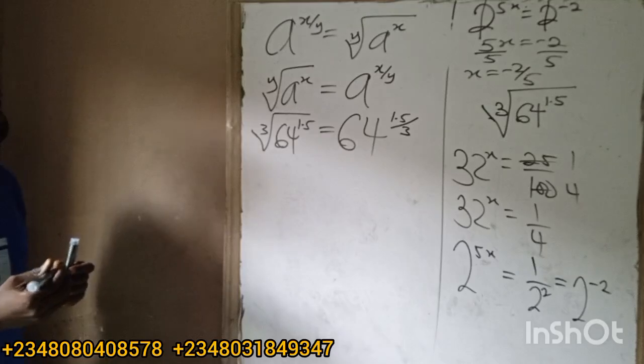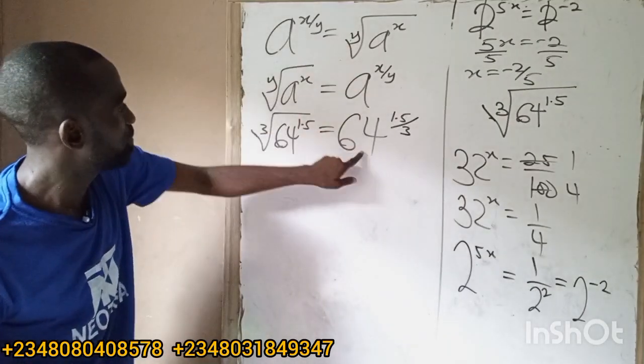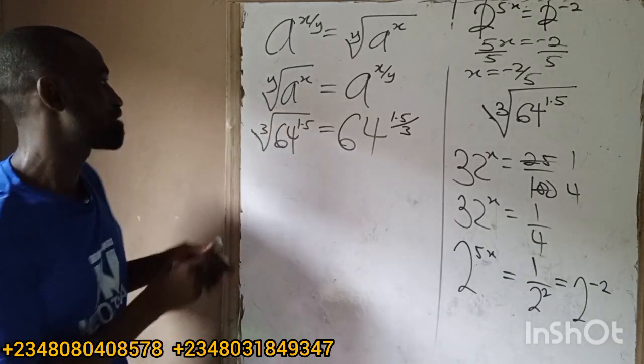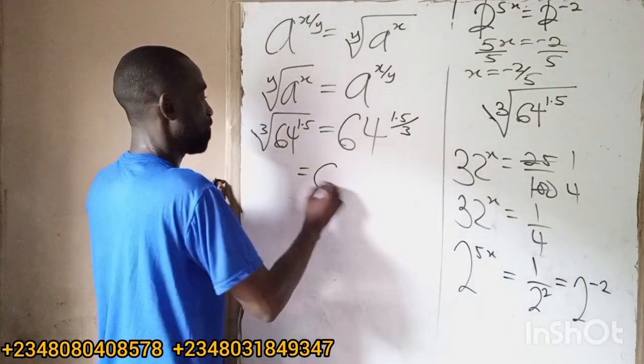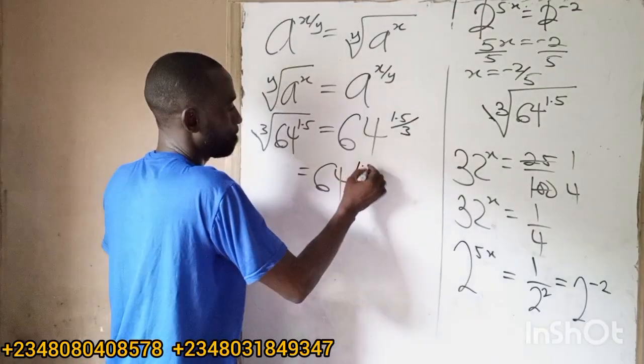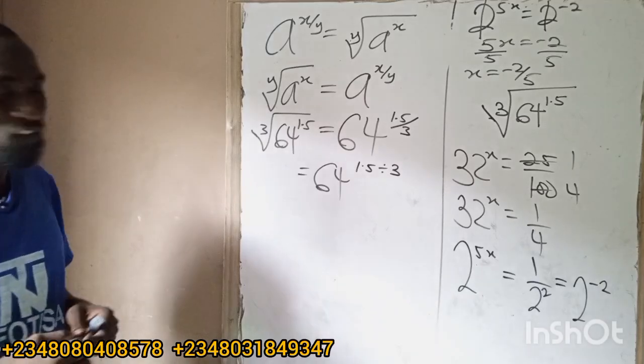Is it clear like this? So a is 64, x is 1.5, and y is 3. So this becomes 64 raised to power 1.5 divided by 3. And I said anytime you see a decimal, convert to a fraction.